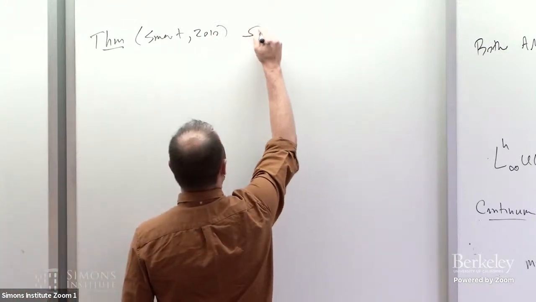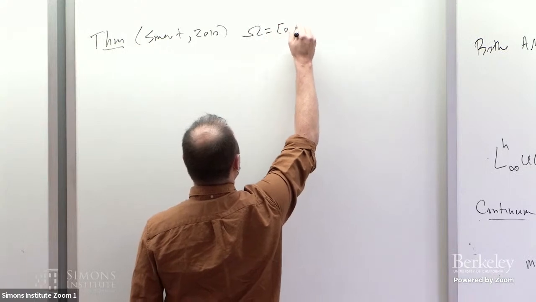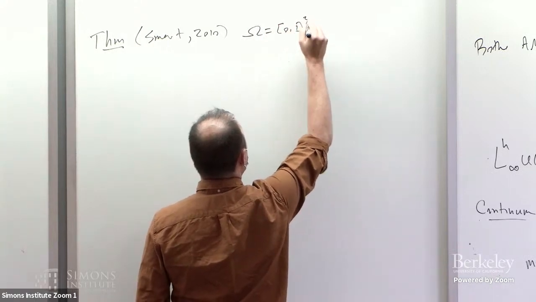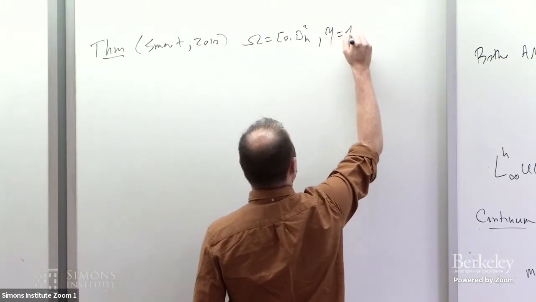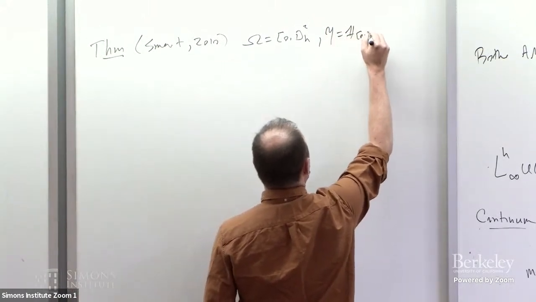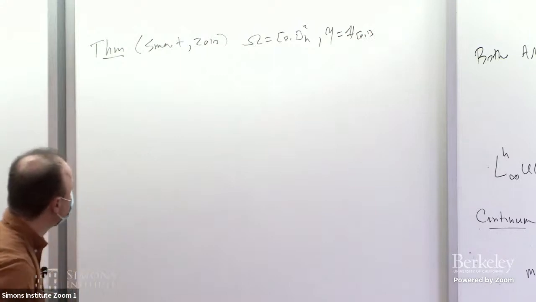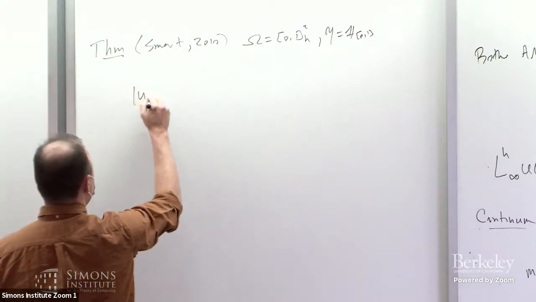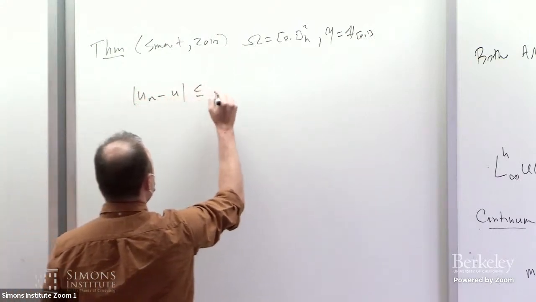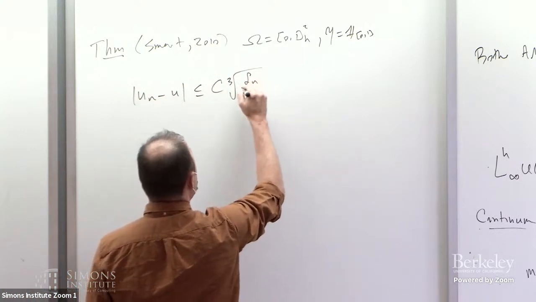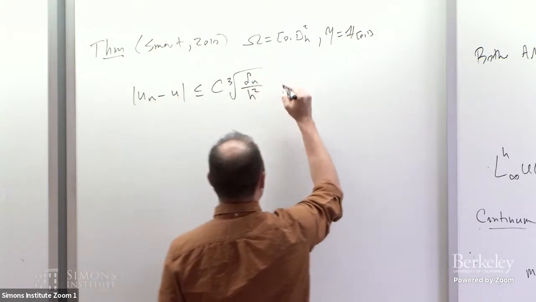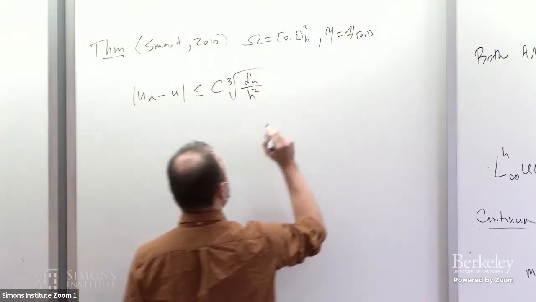So it's that omega is a grid in dimension 2, spacing h. Eta is the characteristic function of the unit interval. And in this setting, he proved that un minus u is less than a constant times the third root of delta n over h squared. I'll say what these things are shortly.